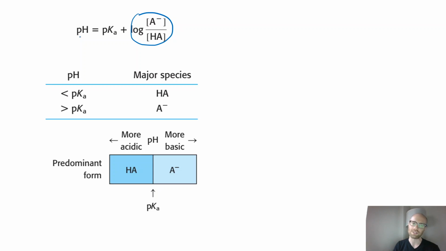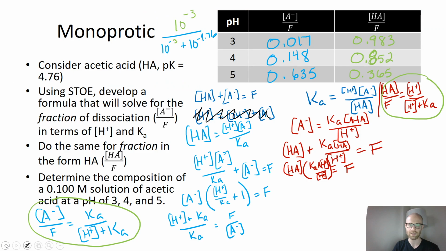And if pH is less than pKa, this term is negative, and that means HA has to be greater than A minus. This is consistent with what we saw back with this data. Considering that the pKa is equal to 4.76, that would be right in the middle here. And as we see, both of the numbers cross over 0.5.